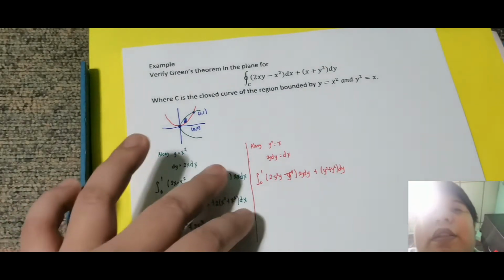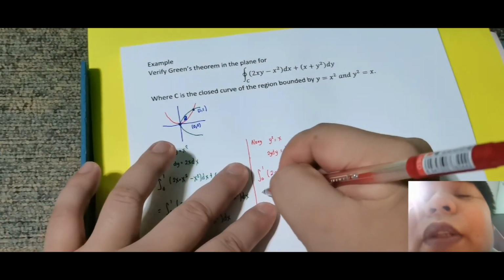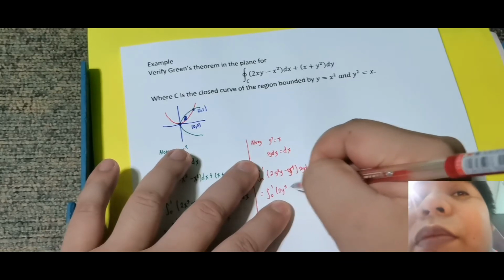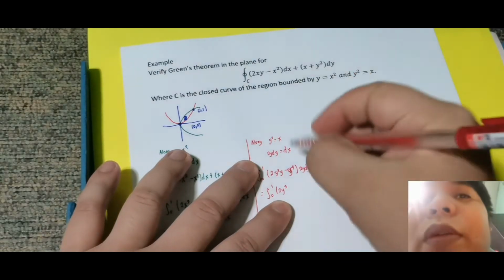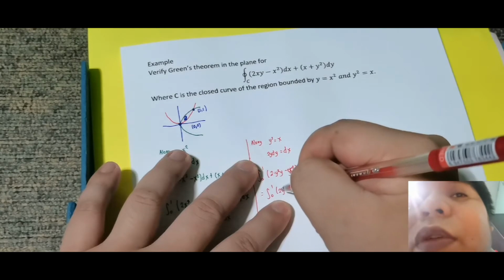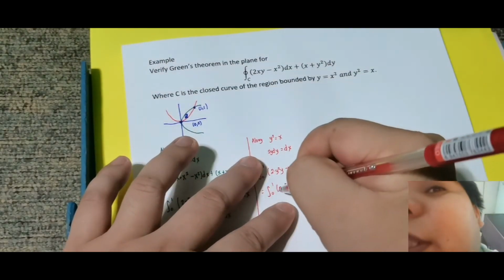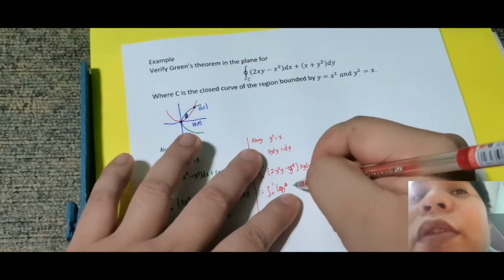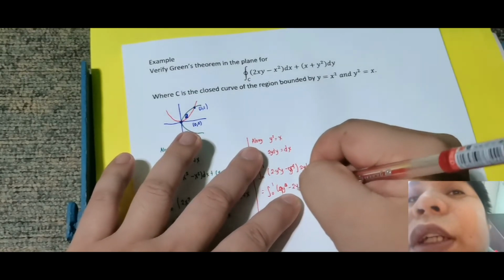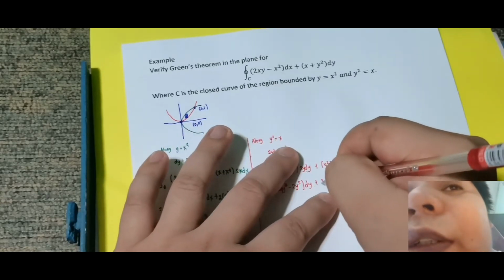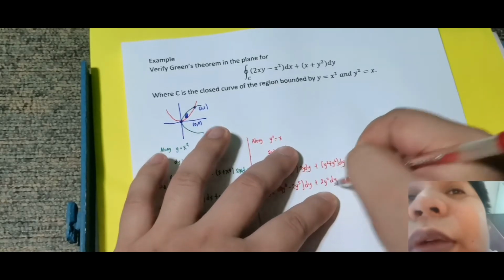Right. Then that is equivalent to the integral from 0 to 1 of 2y cubed, y to the fourth. Then this is 4, multiplied by 2y. So this is 4. Minus 2y to the fifth dy, plus 2y squared dy.